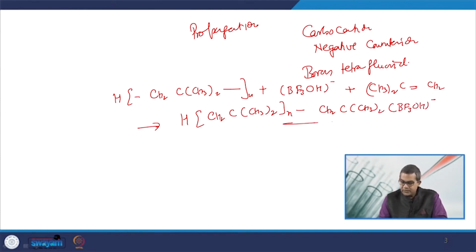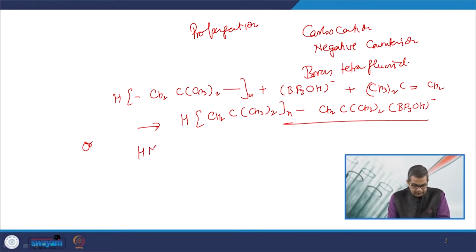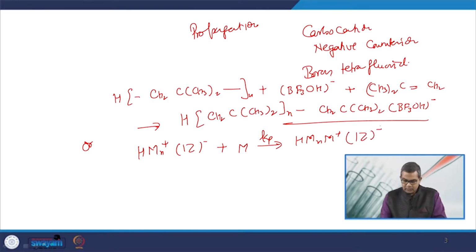So, this facilitates the further propagation, or sometimes in a very short form it may be represented as P plus M. Now, this is the more appropriate form to represent in reaction engineering concepts. When we try to develop the reaction mechanism, it facilitates things.